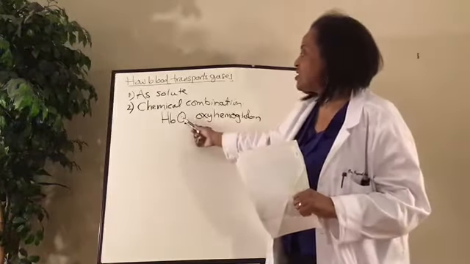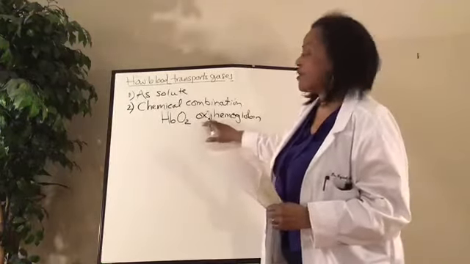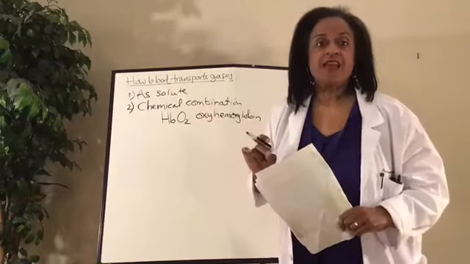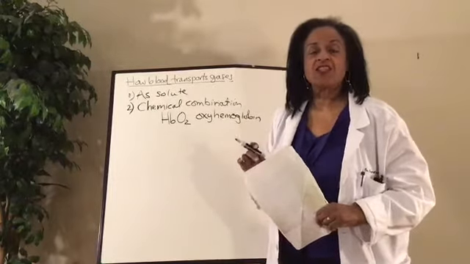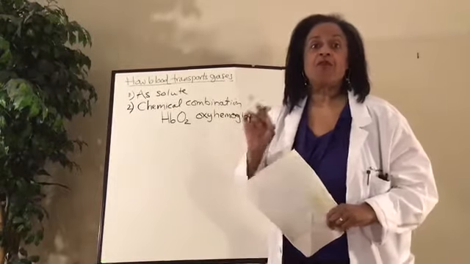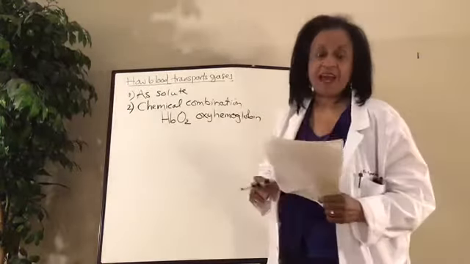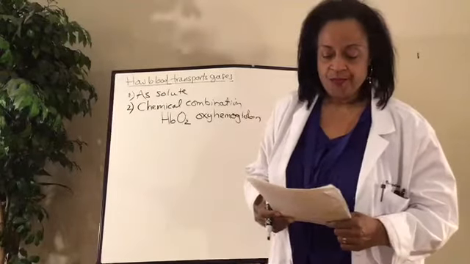Oxygen is attached to that hemoglobin, and that is the major route of oxygen transportation. So if I ask on the exam, what is the major route of oxygen being transported? Please remember, it's oxyhemoglobin. Oxygen is transported attached to hemoglobin, okay?